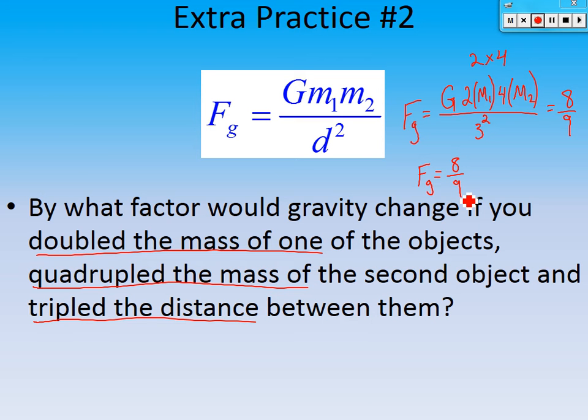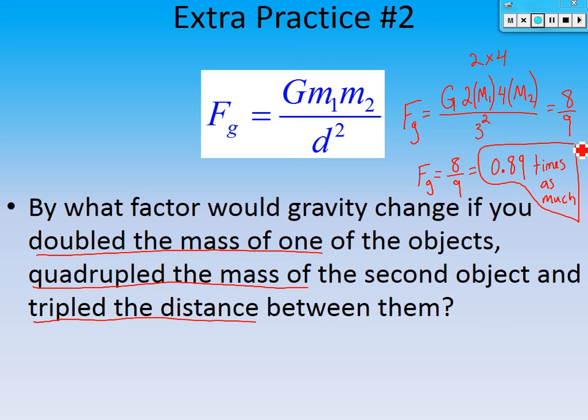Okay, and so the force of gravity is going to change by a factor of 8 over 9. And if you put that into a decimal form, 8 divided by 9, the force of gravity is going to change by a factor of 0.89. So 0.89 times as much. Okay, so that would be my answer for this one.